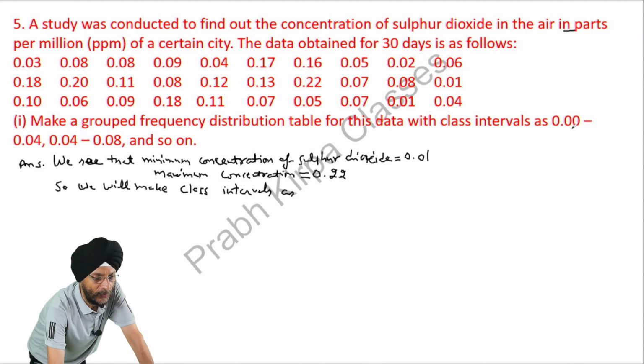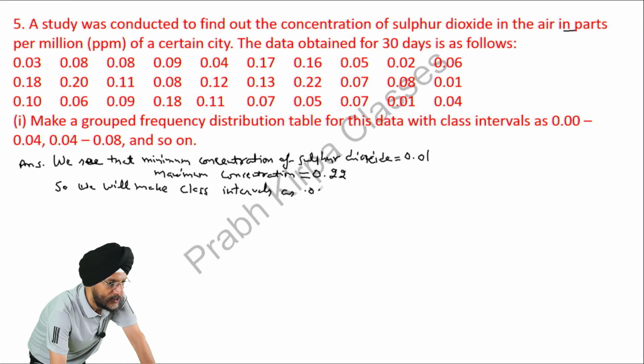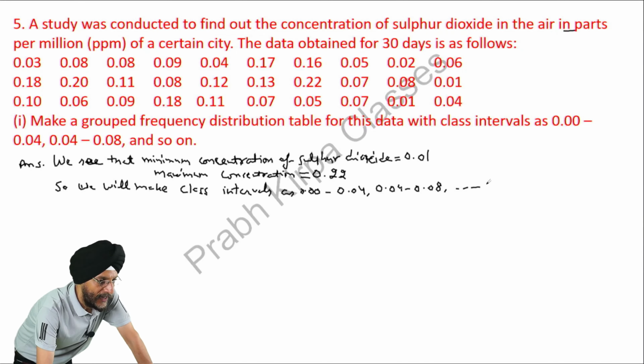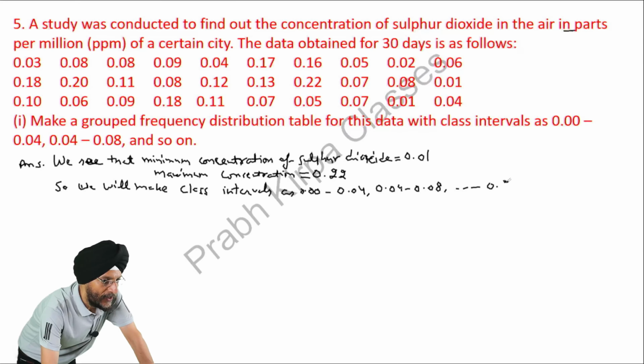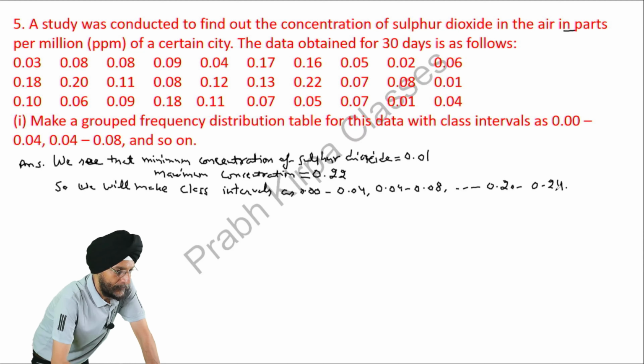So we will have to start from 0.00 to 0.04, 0.04 to 0.08, and so on up to the point which covers 0.22, and that will be 0.20 to 0.24, so that this entry of 0.22 is also covered in the frequency table.